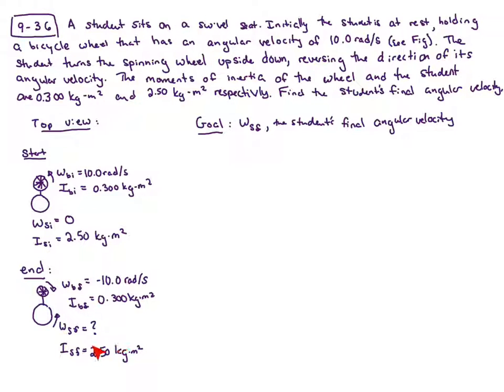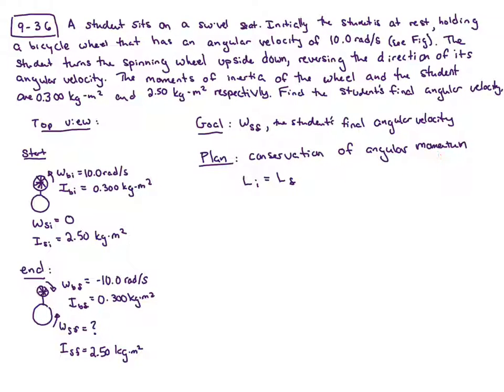Since the person is so much bigger than the bicycle tire, I think they're going to be going slower than this 10 radians per second, but they're definitely going to be going in the counterclockwise direction because they need to provide more positive angular momentum to offset this negative angular momentum and end up with whatever we had here. All right, so that's my plan.